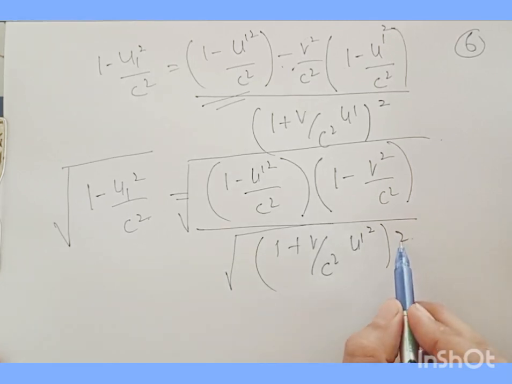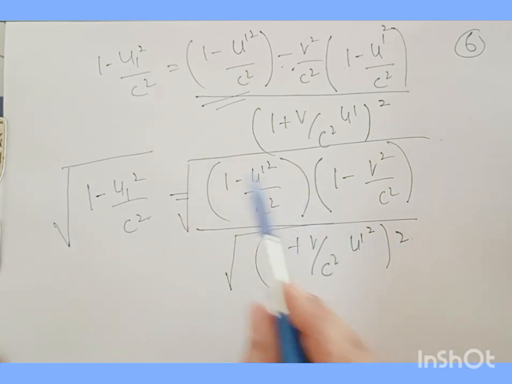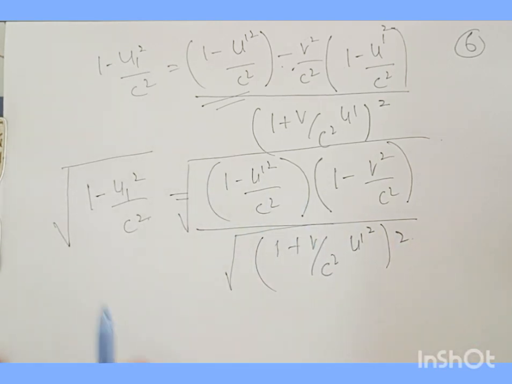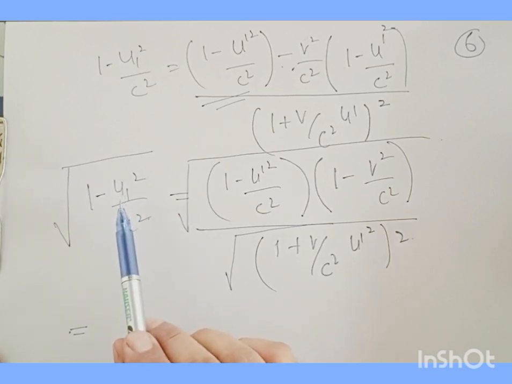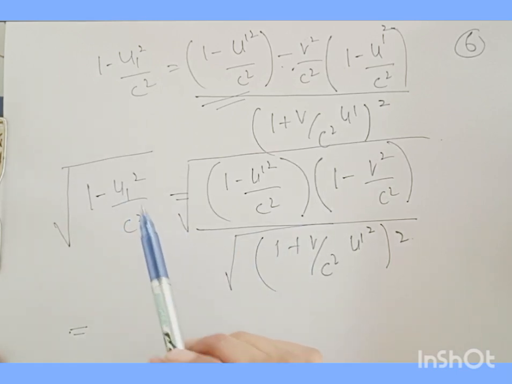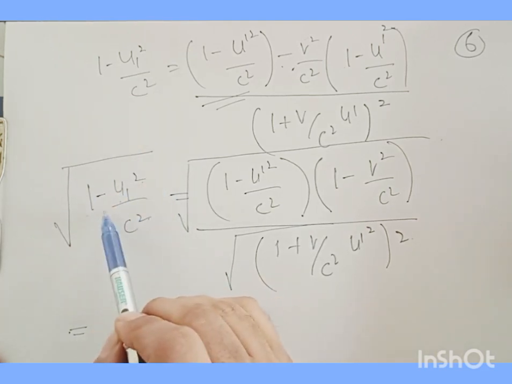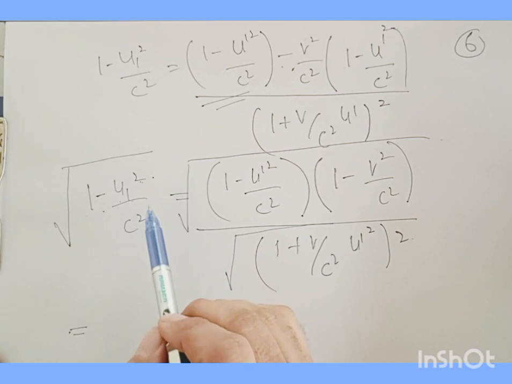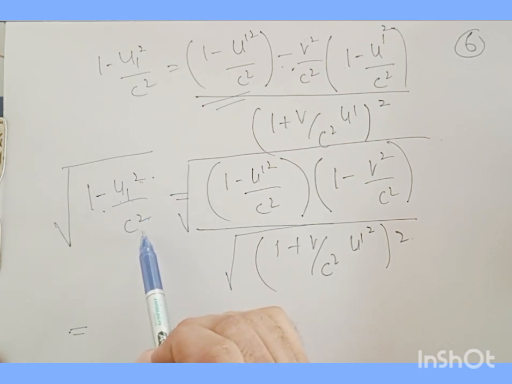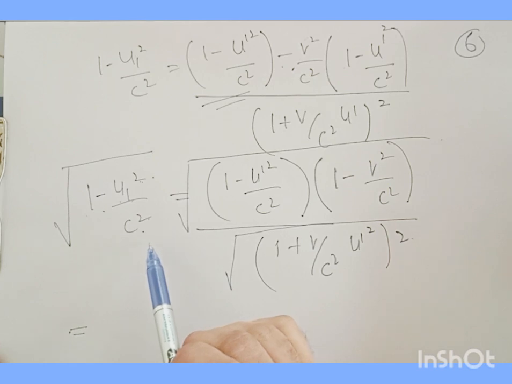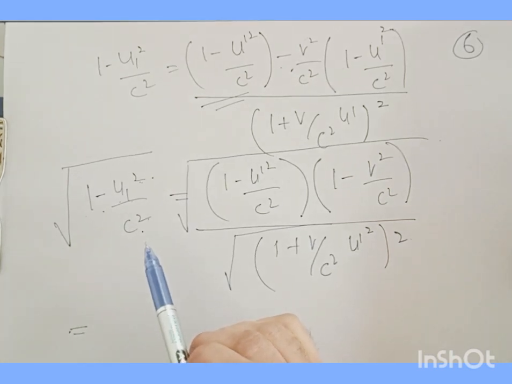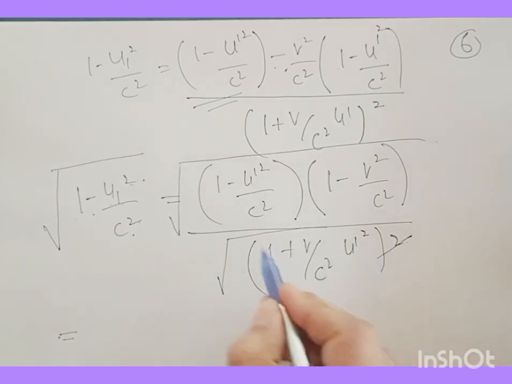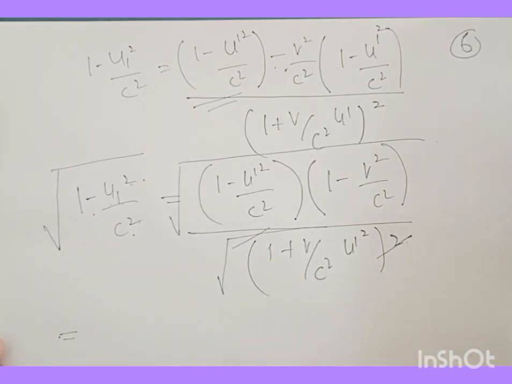If I have roots all the way, and do the squaring, I'm going to get the same thing. So I have 1 minus u1 square by c square. That's correct. This square and root will cancel, and it's better to take another page.